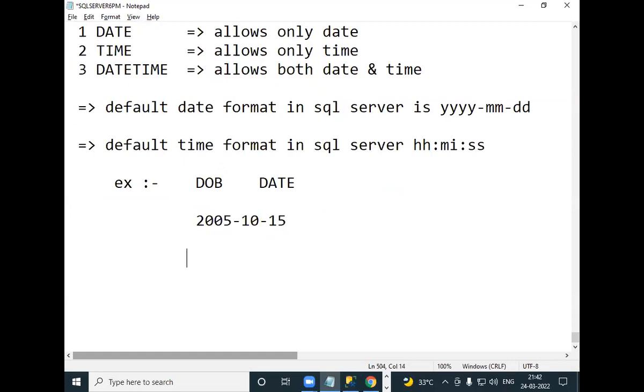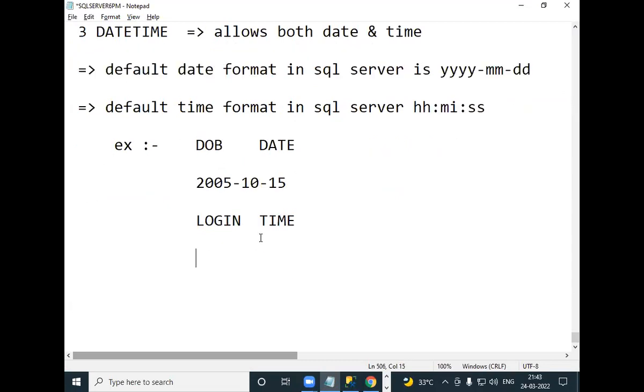Next, for example, login time. In the database, I want to store employee login time. They want to store only the time, so declare time. Time is important here.